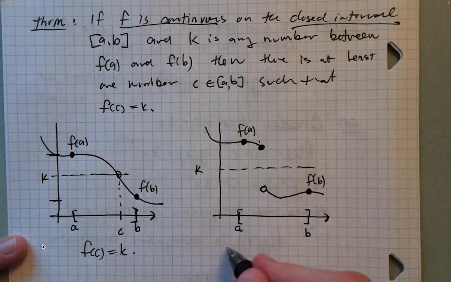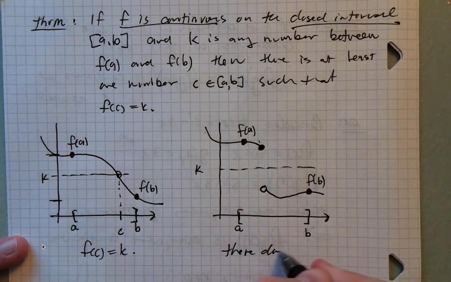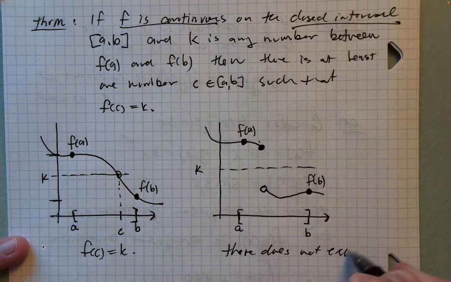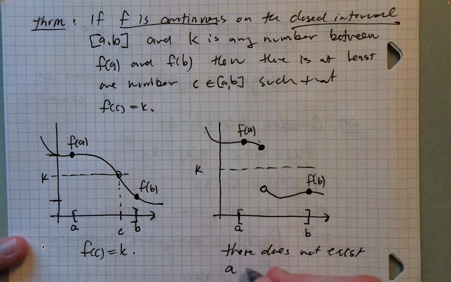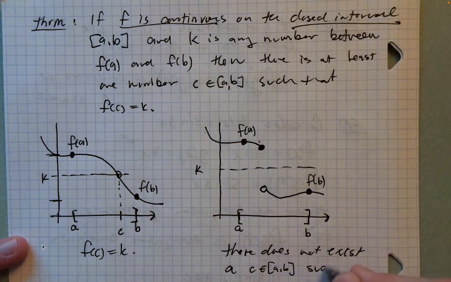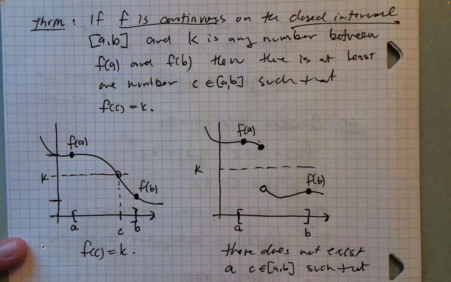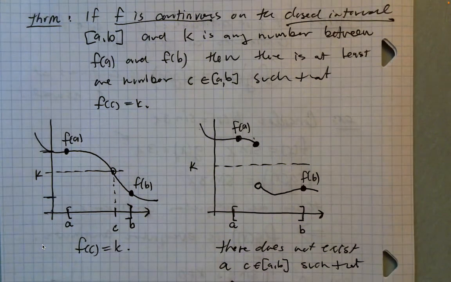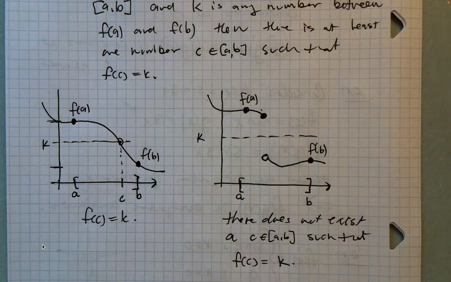So here you can say there does not exist a c in the interval ab such that f of c is equal to k, namely because of the gap. All right, so this is a nice theorem that you can use for a lot of different things.